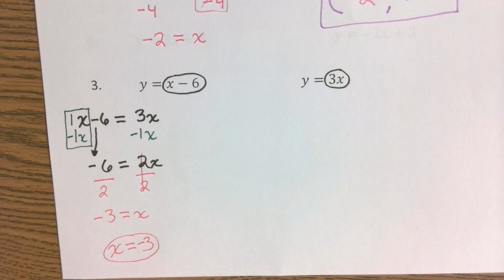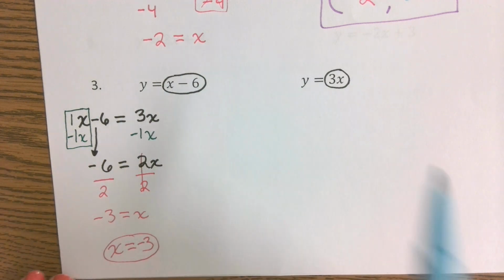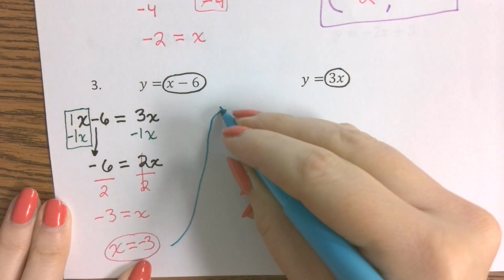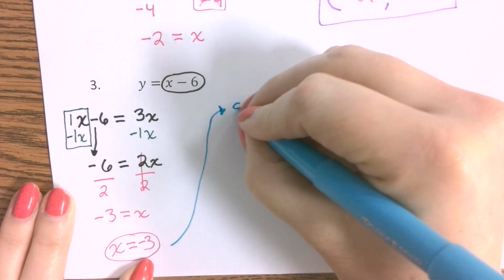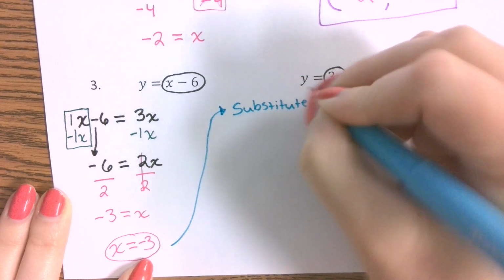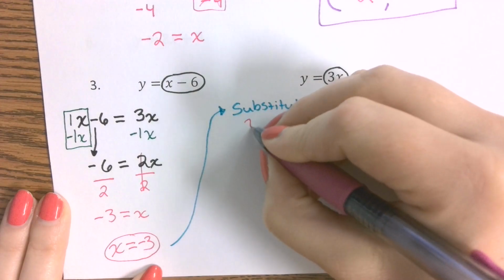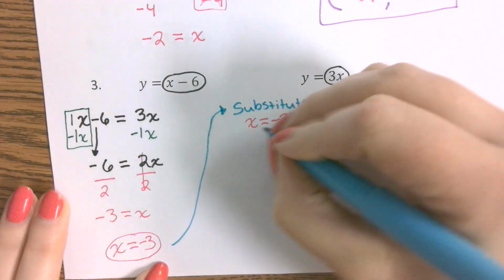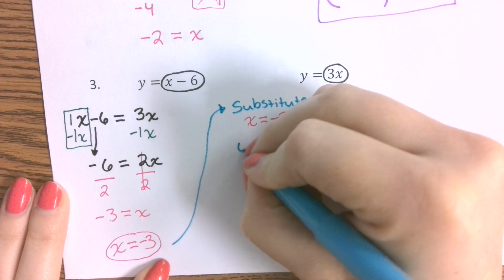Okay, once I found out my value of x, what do I need to do next? What's my next step? Alex? Substitute. Does it matter which one I pick? No. I typically like to just go with the first one. So we're going to substitute x equaling negative 3 into my first equation.